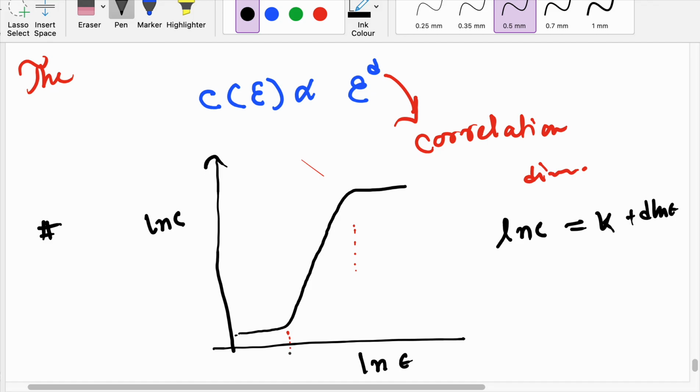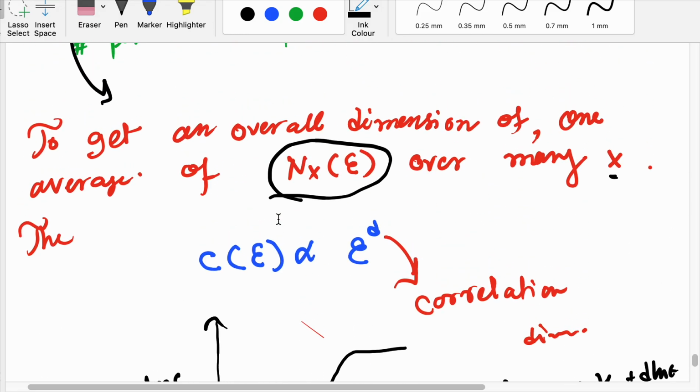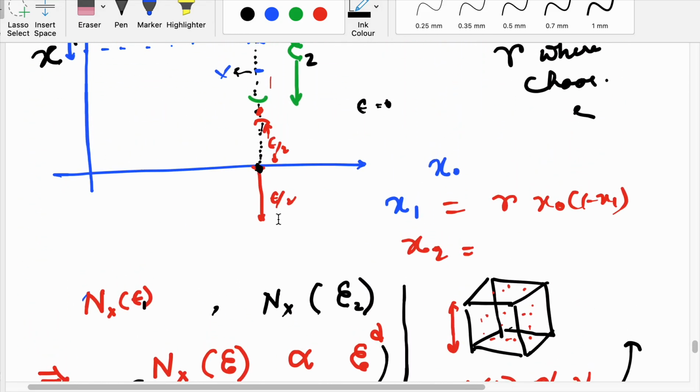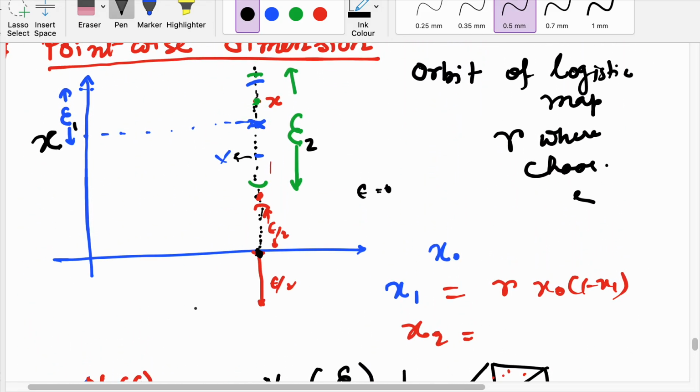If you keep increasing, there is a maximum cover: suppose I take epsilon equal to 1, then inside this cover you will find all of the points are there.